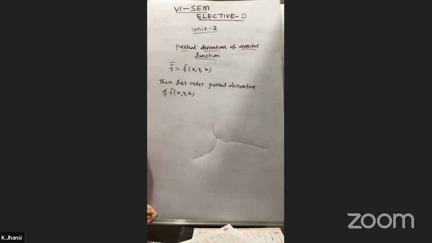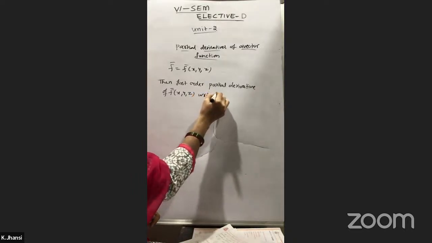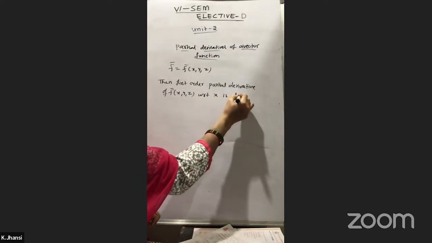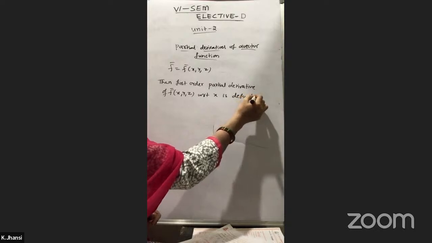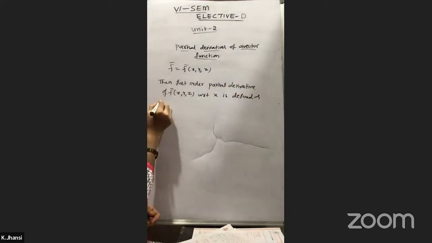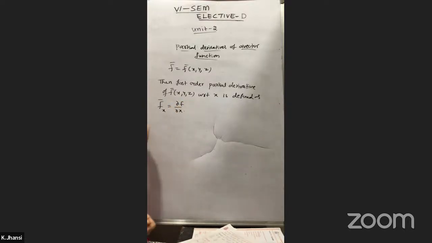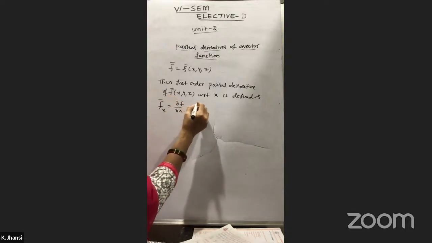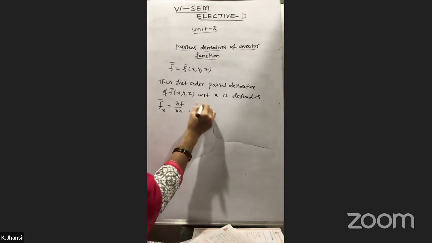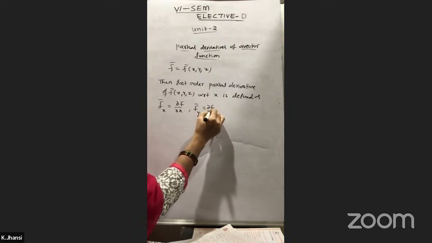This function with respect to x is defined as, we'll write it as fx, or we'll write it as dou f by dou x. Okay, this is the partial derivative of the function f with respect to x. If it is with respect to y, it is dou f by dou y.